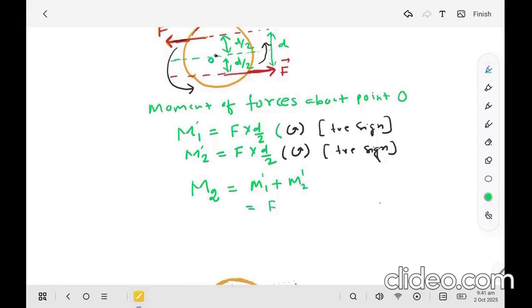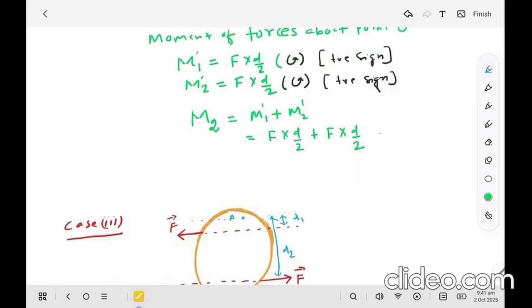This is F into d by 2 plus F into d by 2, which is F into d by 2 plus d by 2, equal to F into d.